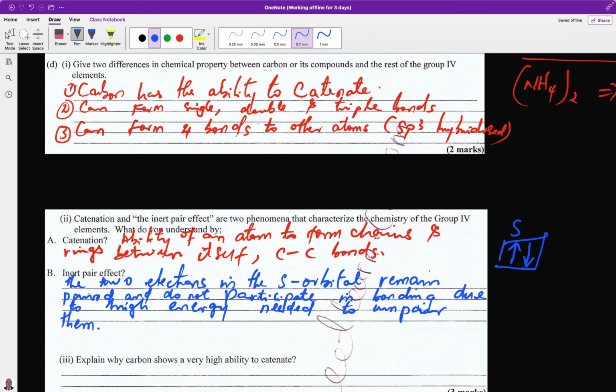To unpair an electron in the s orbital, you need to promote it to a higher energy level, which requires a high energy. So this is what we call the inert pair effect.